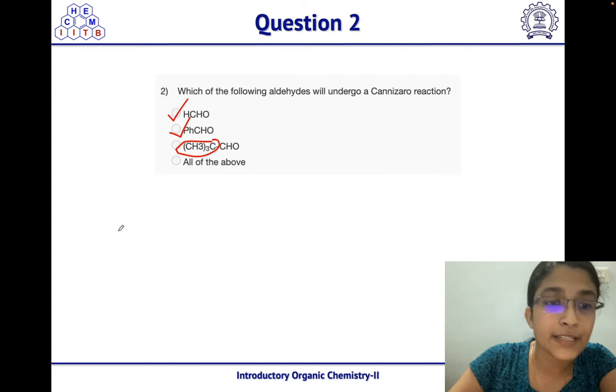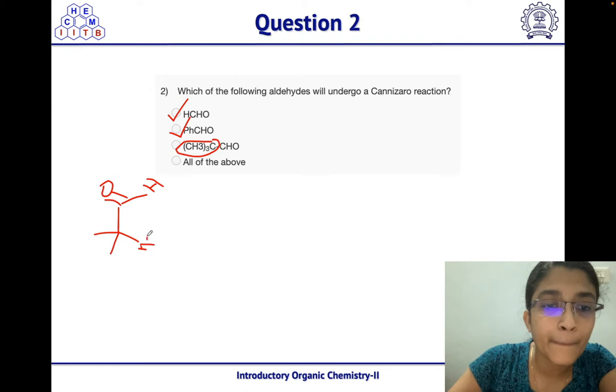We can see its structure: C double bond O, H, and it is having three methyl groups. So here there is no alpha hydrogen.